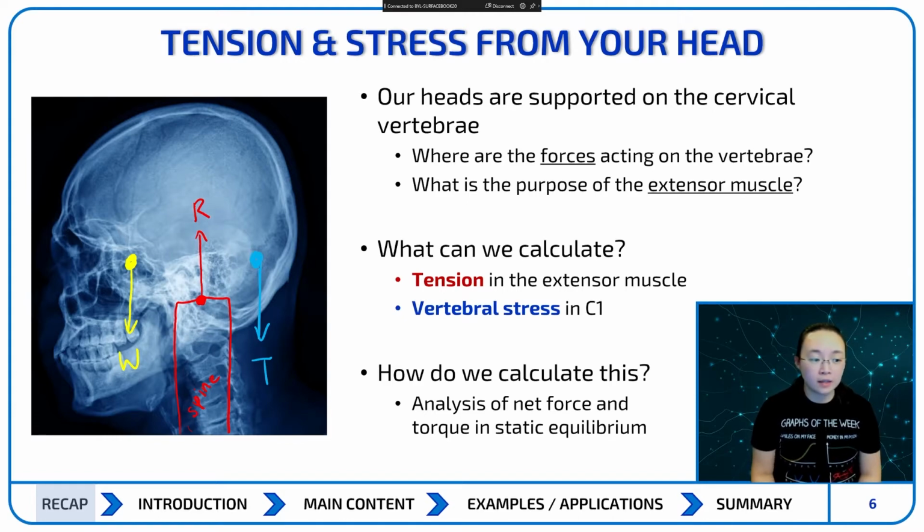The other thing you can calculate is R, so that's the vertebral stress. W is already given to us because we should be able to figure out the mass of our head or just Google it. So the only two items that we could solve for potentially would be R and T. And just remember, for anything that has to do with static equilibrium, analyze all of your net forces in the linear directions, and then analyze all of your torques in the rotational coordinate system.